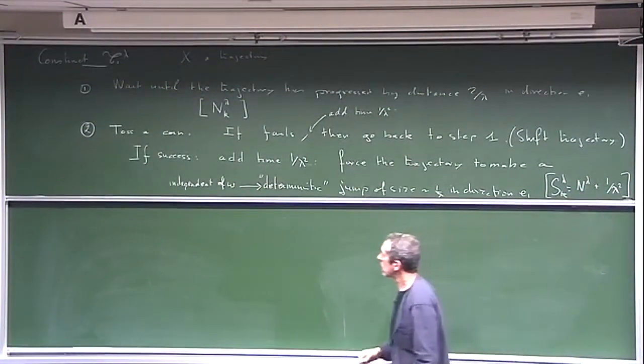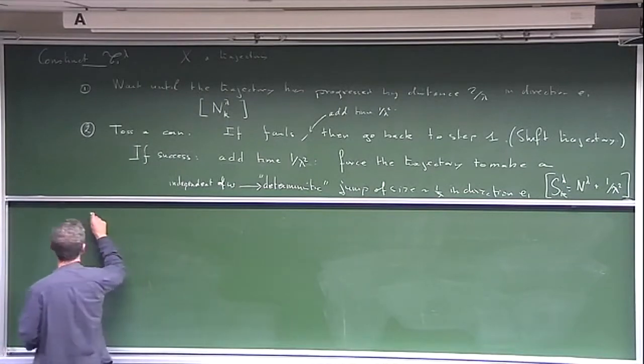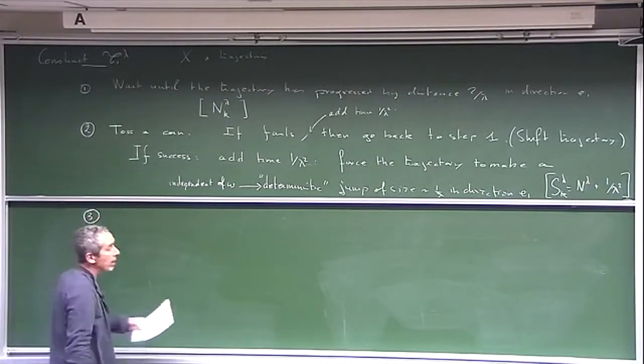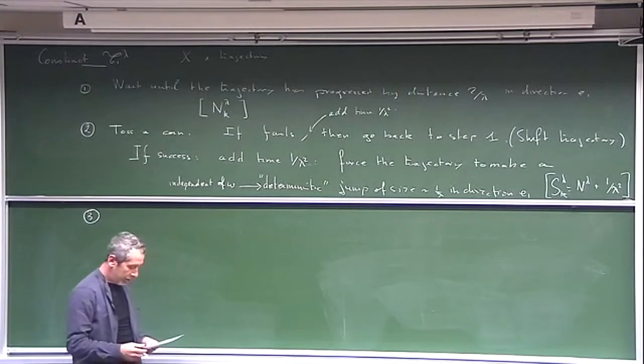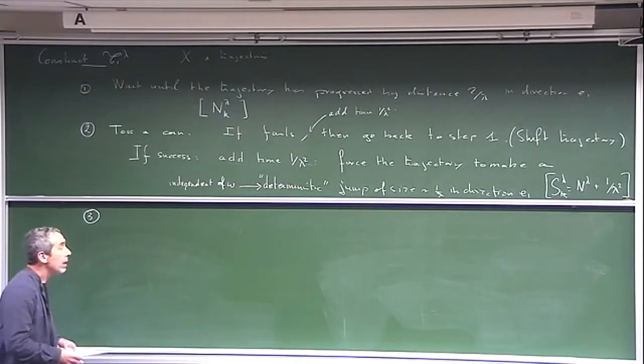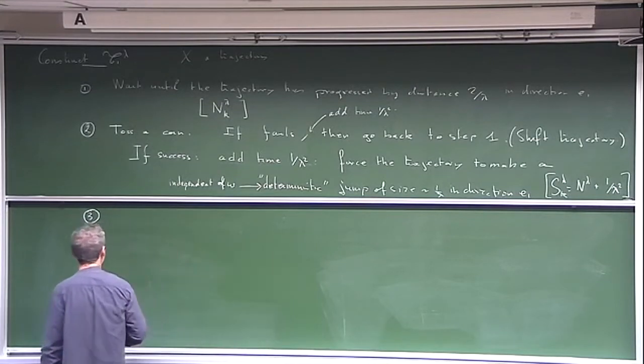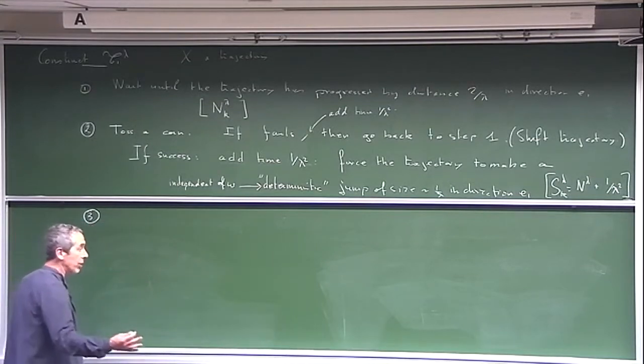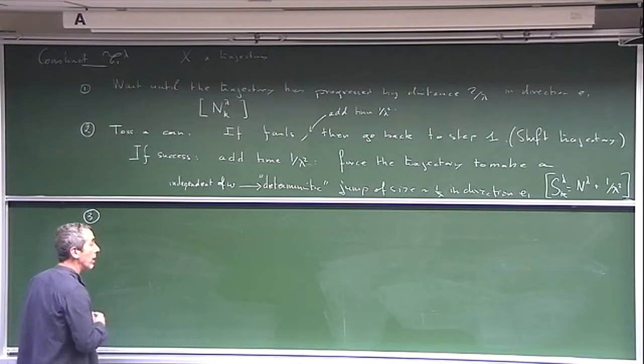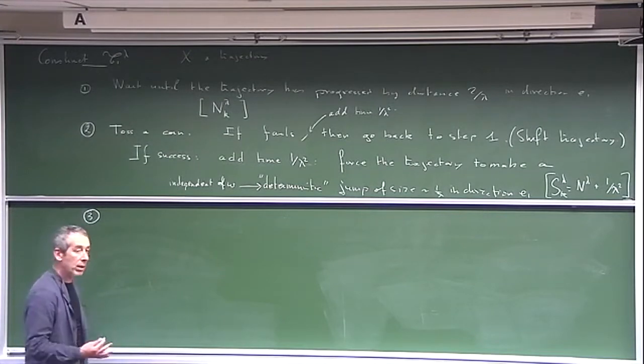And now here comes the next step. So we are in that situation when we just performed this deterministic jump, and then we ask if in the future the trajectory is going to backtrack.